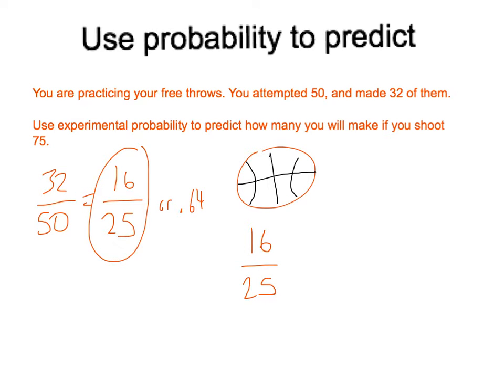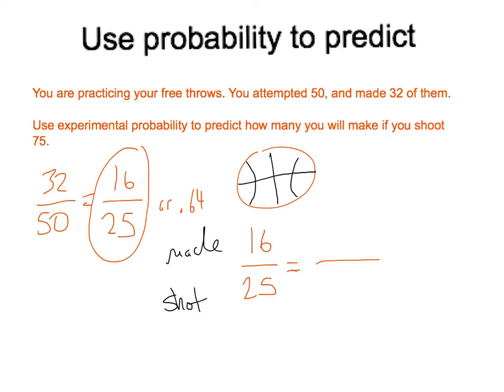This is the same as saying 32 out of 50, which would be 32, the number we made, over 50, the number we shot. And we know, because we're using probability to predict, that this fraction is going to equal another fraction.